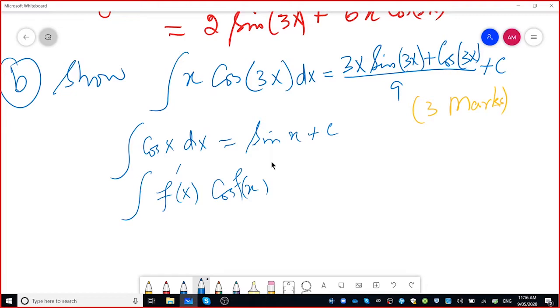So f'(x) cos f(x) dx. So what would be the answer? Just comparing these two, you should compare this with this. So just guess what would be the answer?